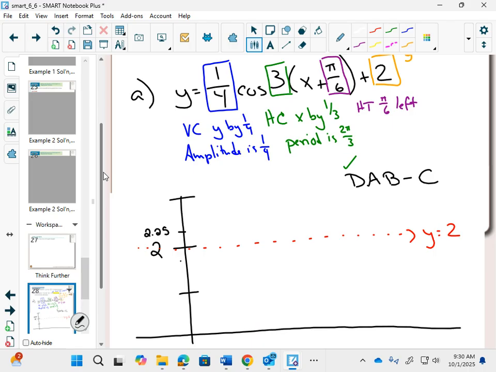And your minimum at 1.75. So your scale is important. And when thinking about your scale, you're going to have to take into consideration your D and your A value before you even draw it.